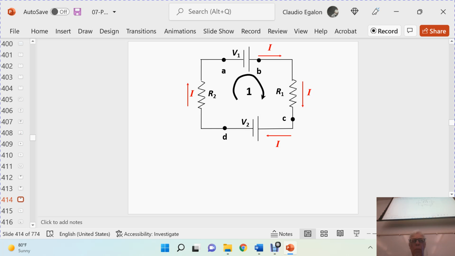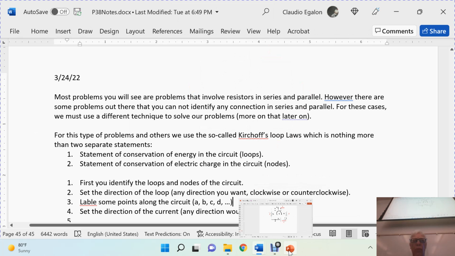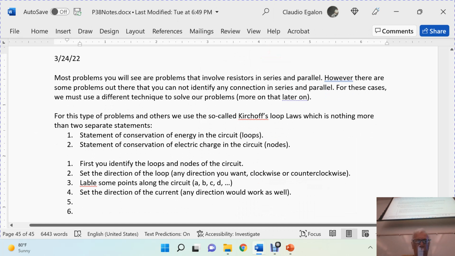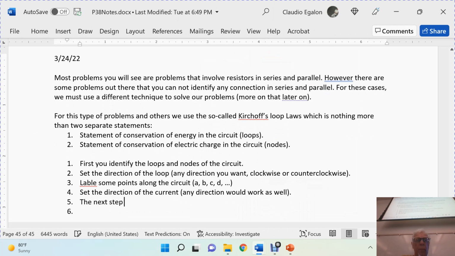That's what you do when you look at the loops, and the direction of the current as well. The next step is to get your equations for the loop. There can be more than one loop.